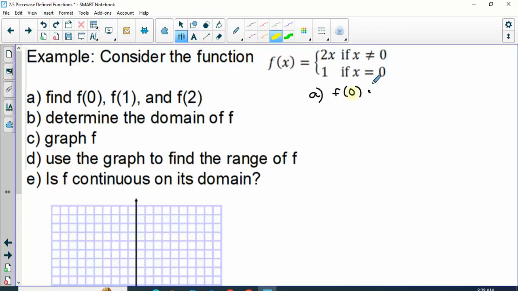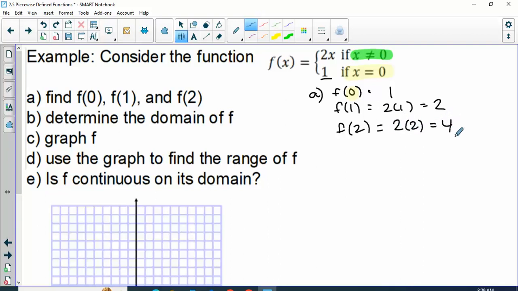F of 0, so when x equals 0, we get out 1. You get out 1 when x equals 0. F of 1. Okay, my 2 options, not equal to 0 and equal to 0. Is 1 equal to 0? Nope. So we're putting it into the not equal to 0 piece. So that's 2 times 1, which is 2. F of 2, which piece do you plug that into? Not equal to 0. So 2 times 2 is 4.